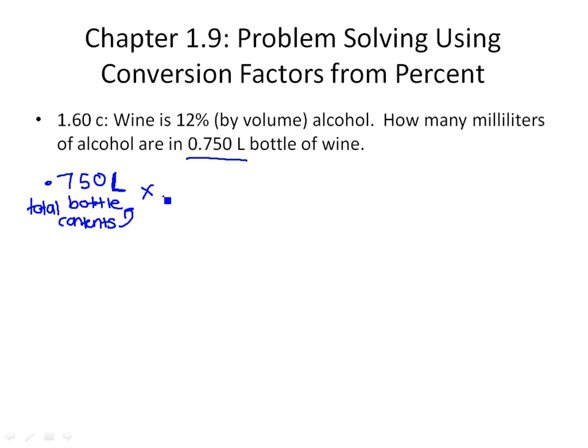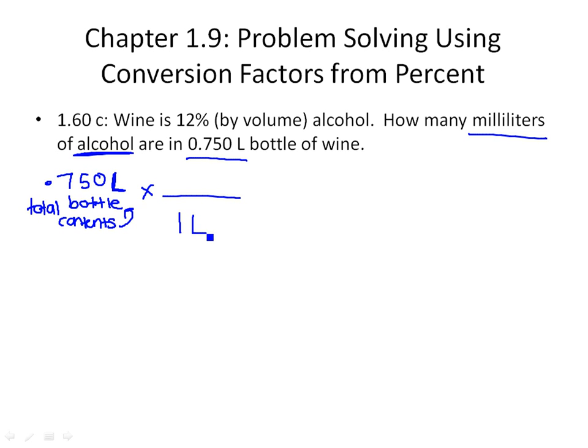And we need to go to milliliters. That's what we're going to do first, and then we'll use our percentage at the end, because that's what we're really trying to find: how many milliliters of just the alcohol is in the bottle.